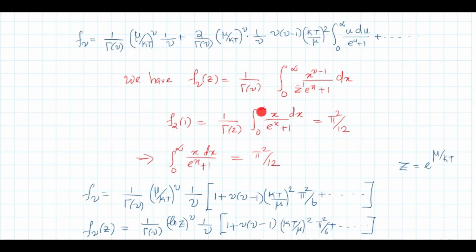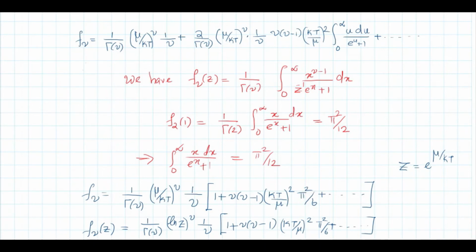Integral 0 to infinity x divided by (e^x + 1) dx is a standard integral, and its value is π²/12. So we can substitute for this integral as π²/12. And there is a 2 here, so that becomes π²/6 in this term.